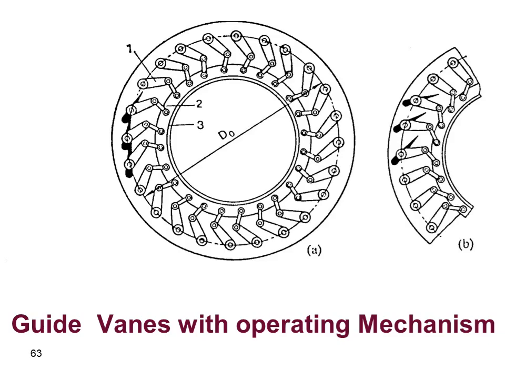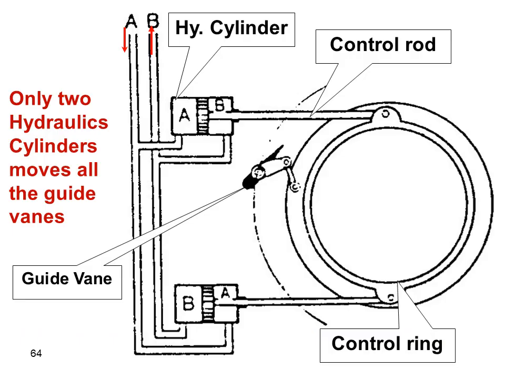Number 3. Actually, if you have only a small turbine, you can operate it by only one hydraulic cylinder. If it is a medium turbine size, or just above small size, you can use two hydraulic cylinders to rotate the control ring.